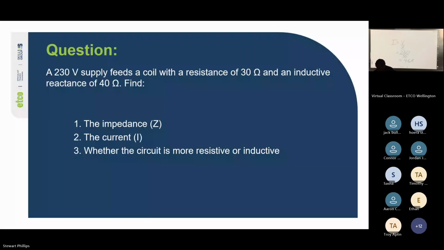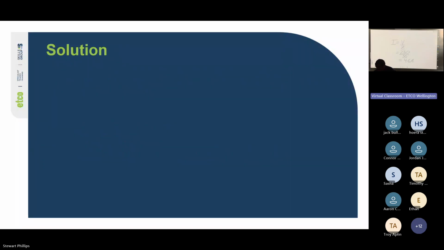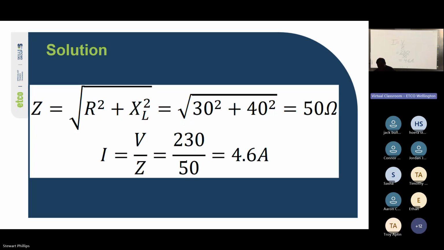So we go back to our PowerPoint. So the solution, yeah, so that's what it looks like. Nice and neatly written out versus what I put on. So is that what everyone else got, or did anyone get anything different?